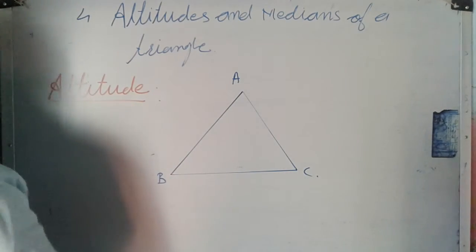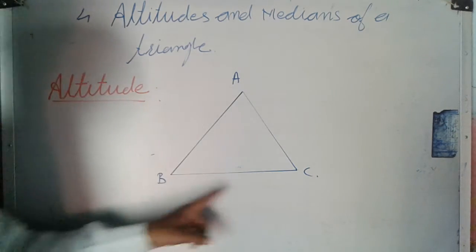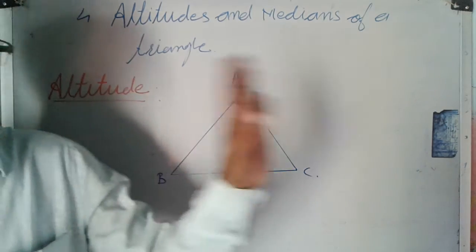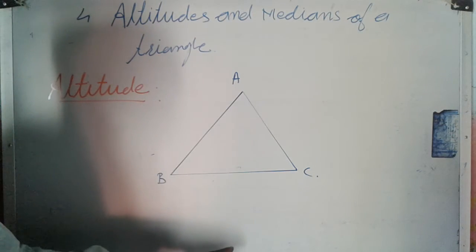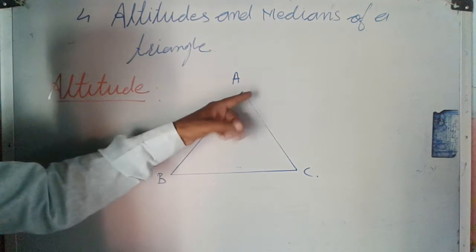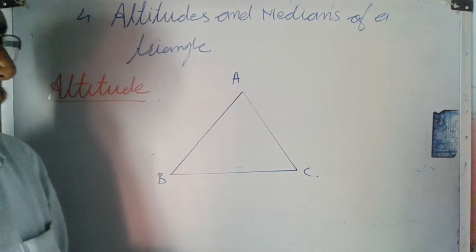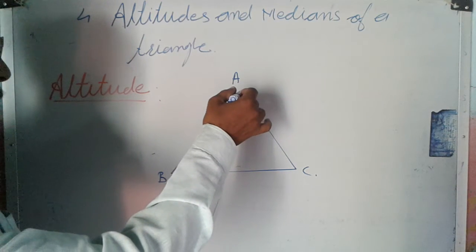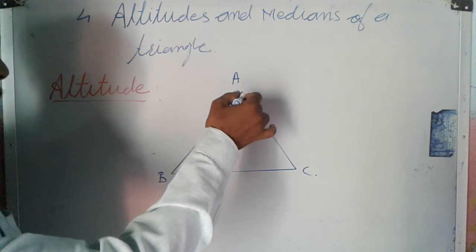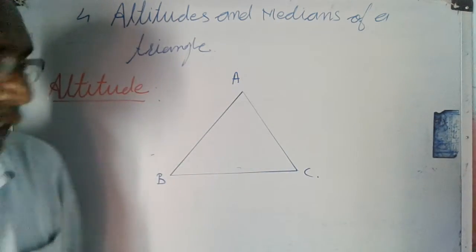Now there are three vertices, so you can draw three altitudes, one from each vertex. Each vertex has its opposite side, so there will be three altitudes. So if you draw a perpendicular from vertex A on opposite side BC, this will be one altitude.